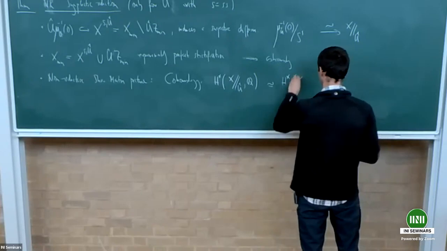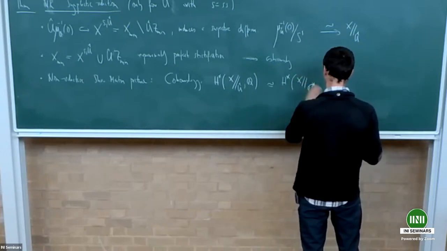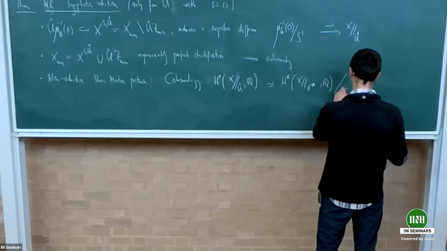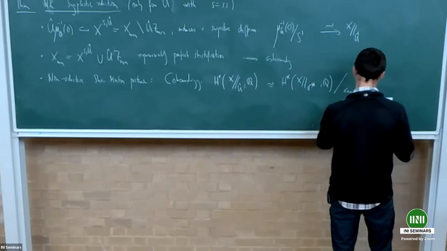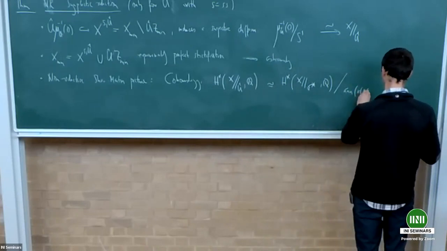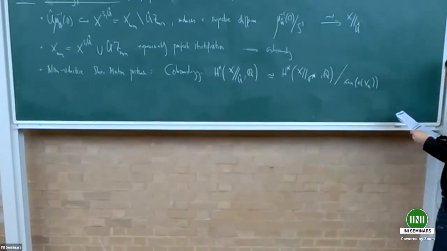So it's X mod C star, Q, but then you have to divide by the annihilator of E of, the Euler class of U. I will explain in a second.